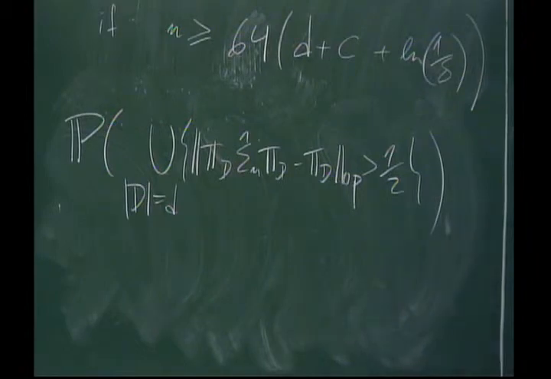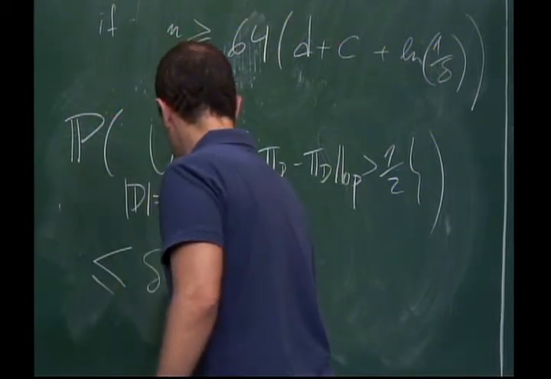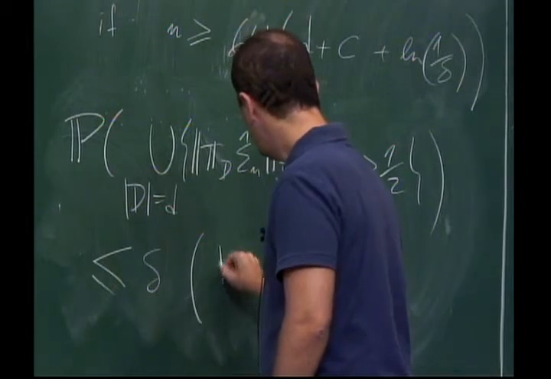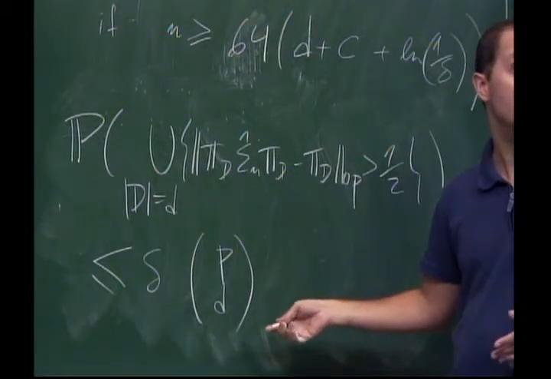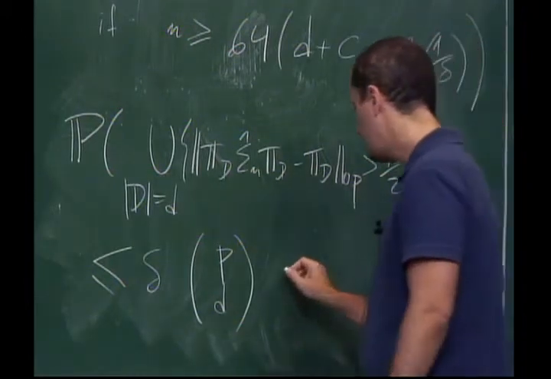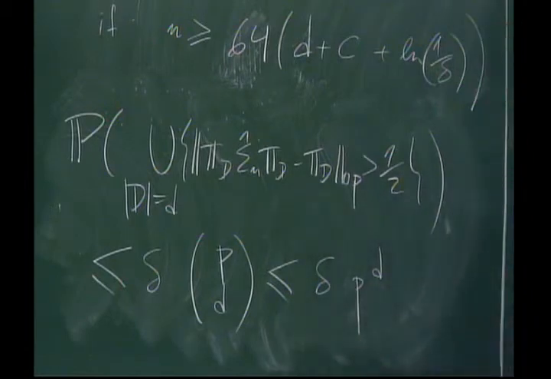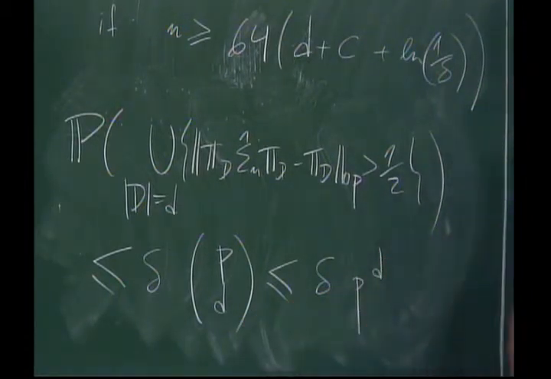But we've seen already many, many times this argument, this idea of the union bound, which is the simplest bound you get on a union, right? So all of these events, they have probability less than delta. And how many events do you have? Well, you have P choose D, right? It's the number of choices of D coordinates that you can make out of P. And let me just say that this is less than delta times P to the D. Just the simplest possible bound on the binomial coefficient here.